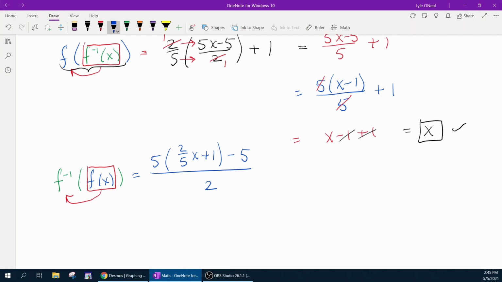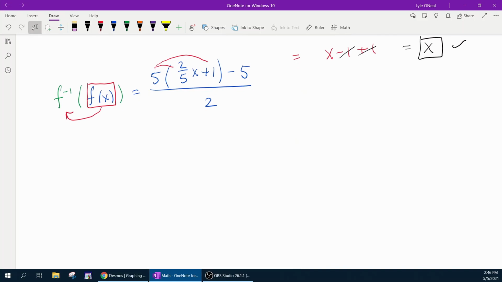And then I'm going to need to simplify this and see if I get only x. So the first step is to distribute in the numerator. We need to get rid of those parentheses. If I multiply 5 times 2/5, the 5's will cancel and leave me 2x. But then 5 times 1 also gives me a 5. Minus 5 from the numerator, all over 2. And then in the numerator, 5 minus 5 go to 0.